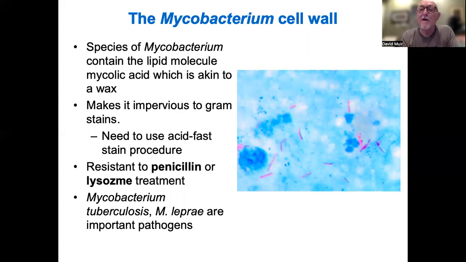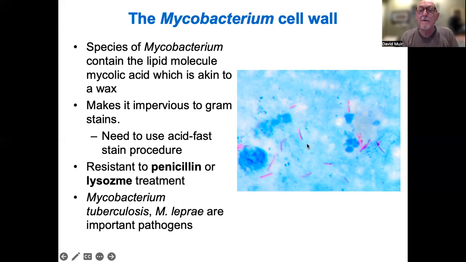The reason for that is they really are Gram positives, but included in that cell wall is a lot of a molecule called mycolic acid, and it's a wax. Because it's a wax, and all of our Gram reactions are based on aqueous dyes, it repels the dyes and will not stain. You have to use a special stain technique called the acid-fast stain procedure, which you will hear about again in lab.